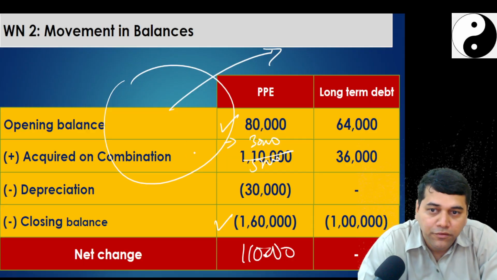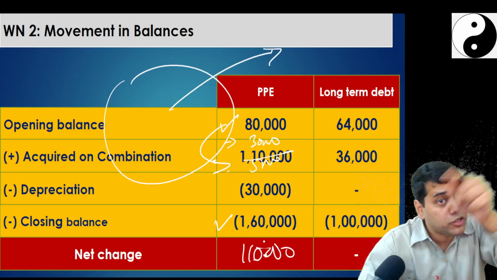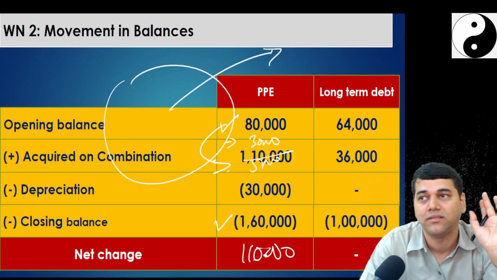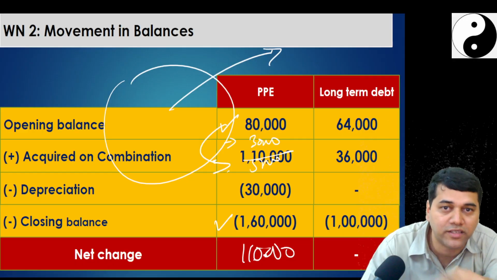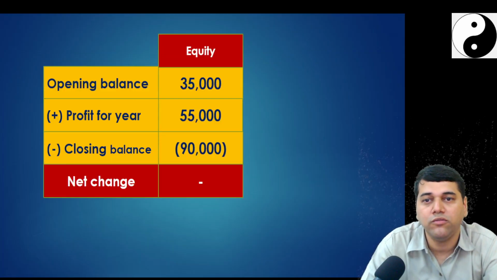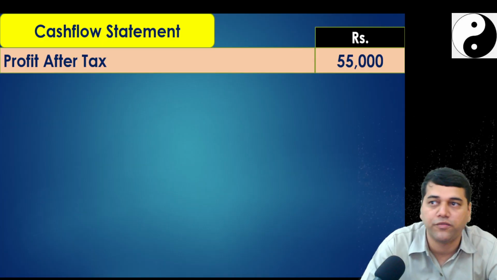That's why we add it and then we find the net, because from the group's perspective, that's the net cash payments or received. Followed, no? I hope you understood why we did this working note. Yes. So now we will prepare that cash flow statement. Profit after tax. How much is your profit after tax?